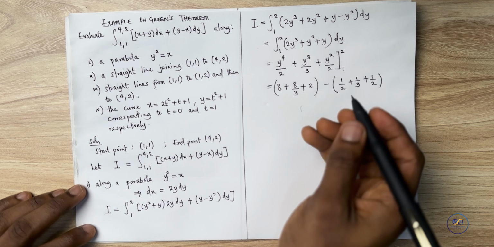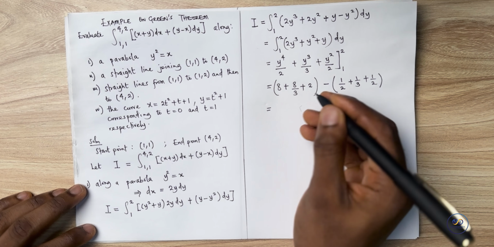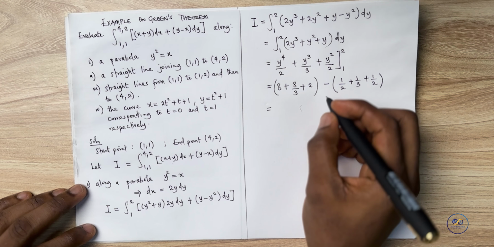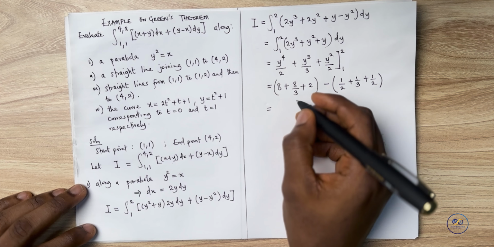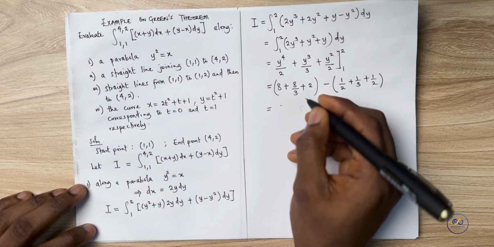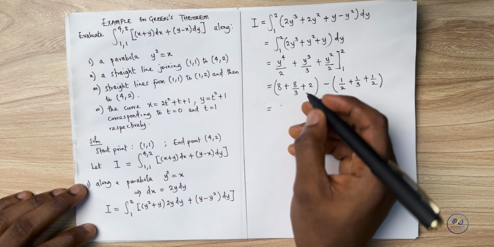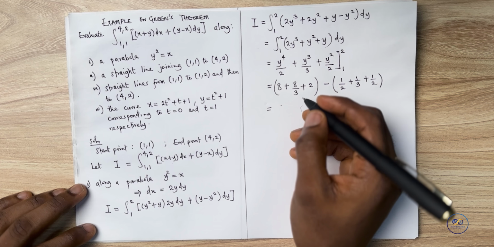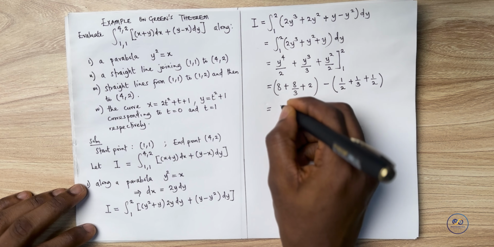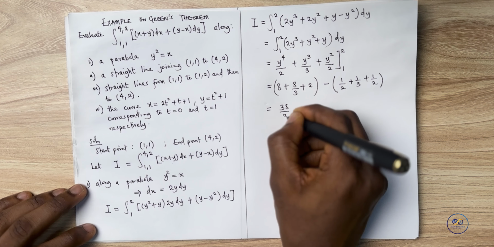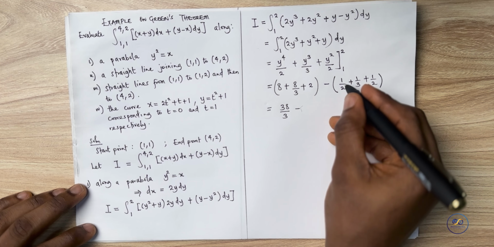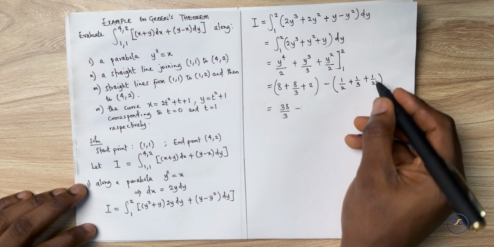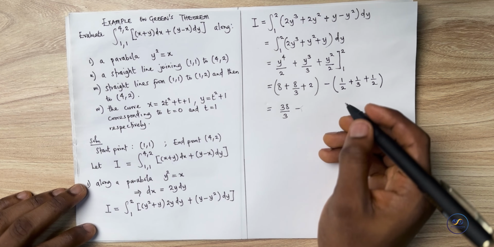If we collect like terms and add up both sides of the subtraction sign, on this side we're going to have 3 times 8, that gives you 24, plus 8, that gives you 32, plus 6, that gives you 38 over 3, minus, do the same thing on this side, right? Half plus half gives us 1, so the LCM can remain 3.